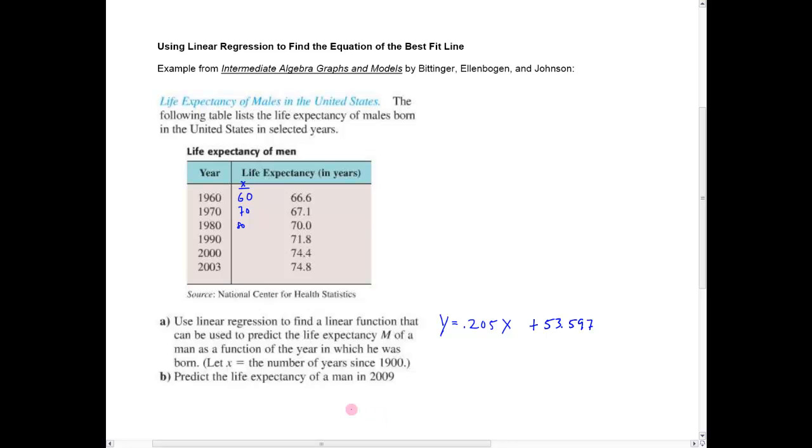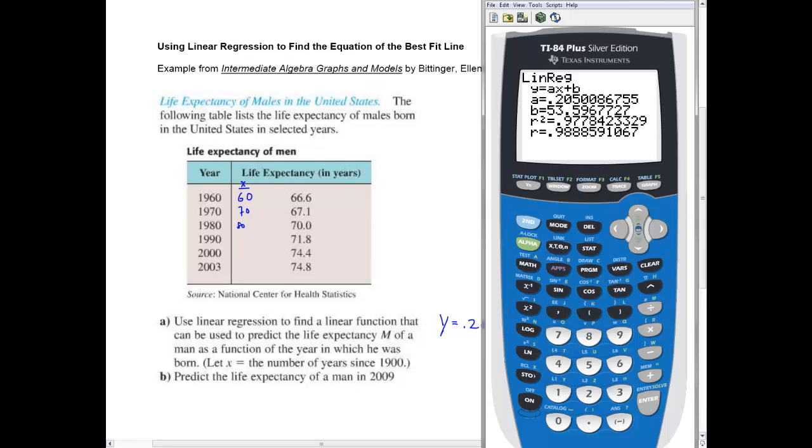That's pretty close to what it is. What I really want to do is go to my graph and plug those in.